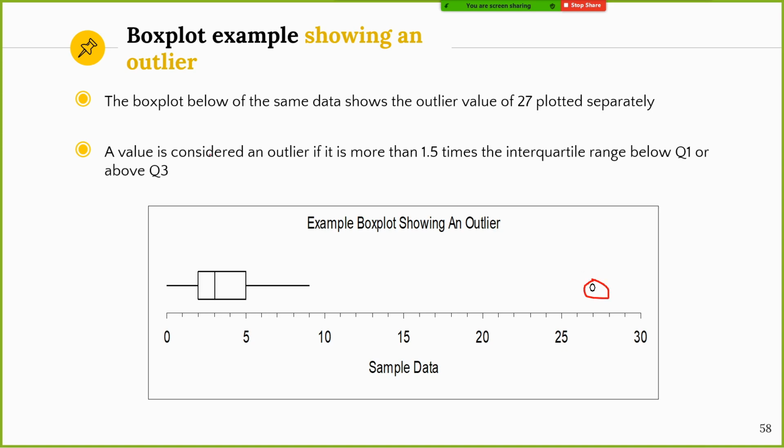Normally a value is considered an outlier if it is more than 1.5 times above the Q3, or if it is 1.5 times below the Q1, it's also considered an outlier. Okay, clear? It's very simple.